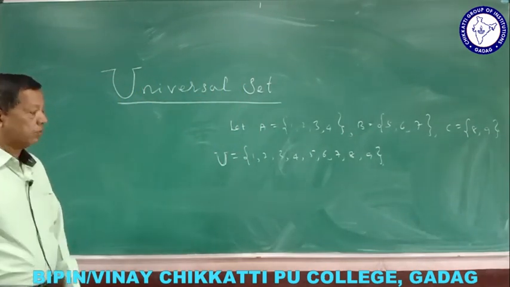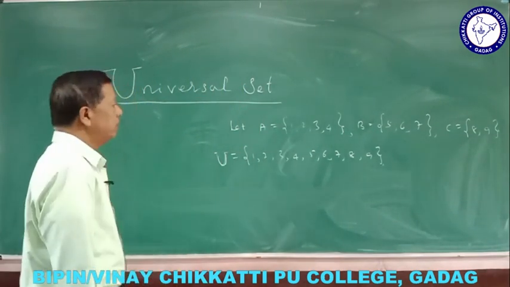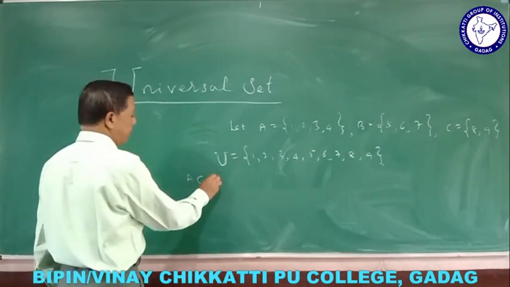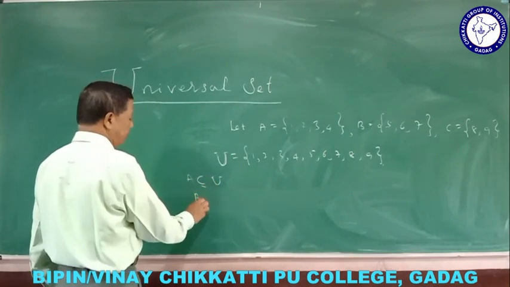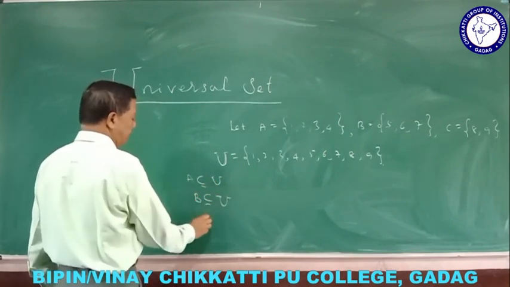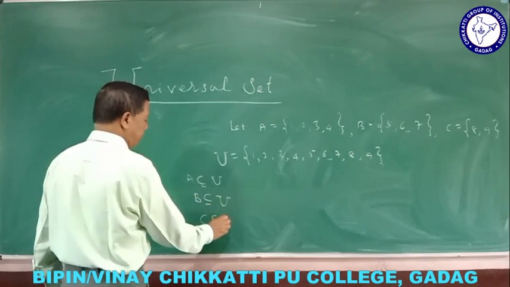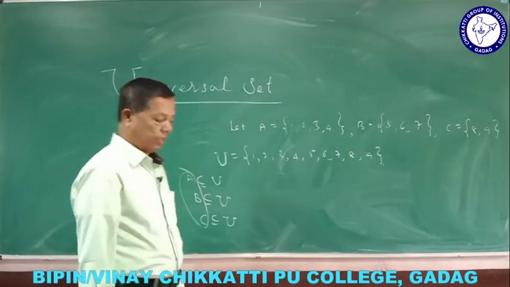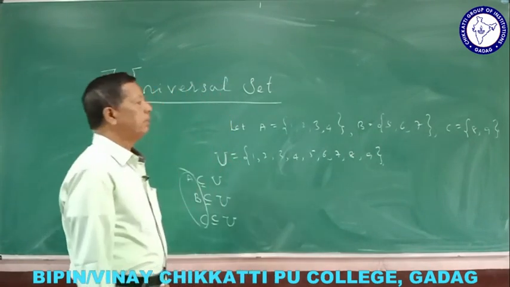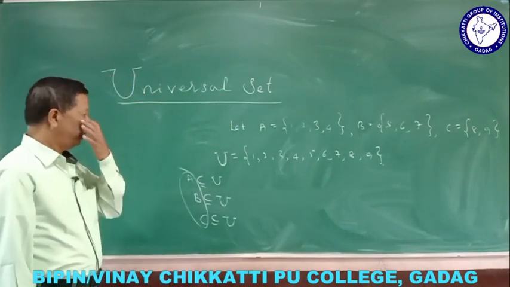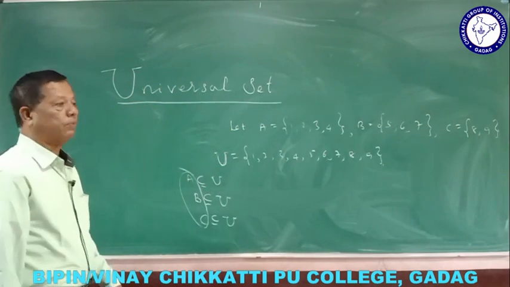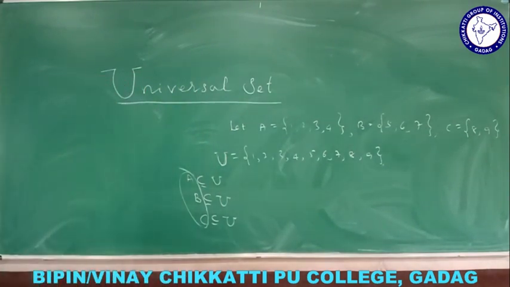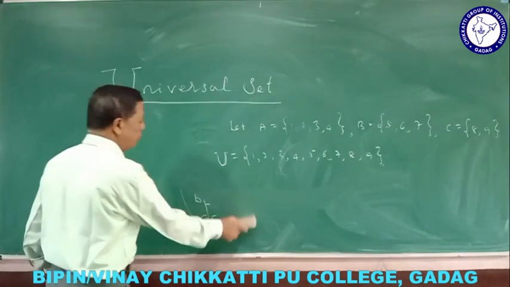Now you can see that A is a subset of U, even B is a subset of U, and C is also a subset of U. These are all subsets of the universal set. Basically the sets under consideration are all subsets of the universal set. So the universal set is the superset, you can say.